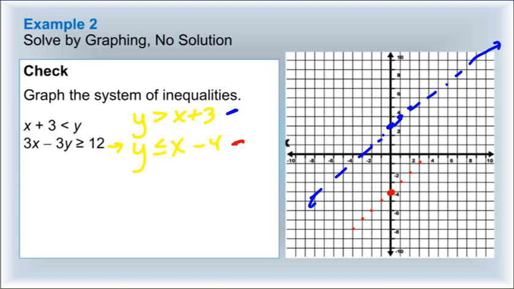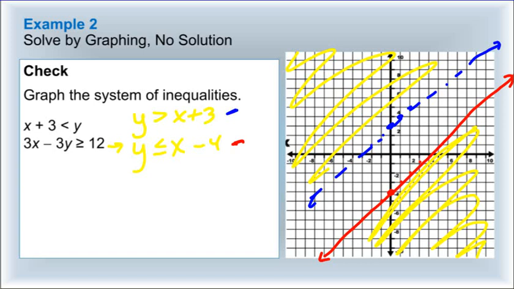Does equal it, so I have a solid line. The shading has to be above the blue and below the red. So again, there's no overlapping, therefore there is no solution to that.